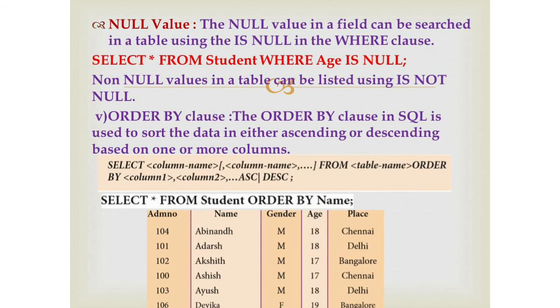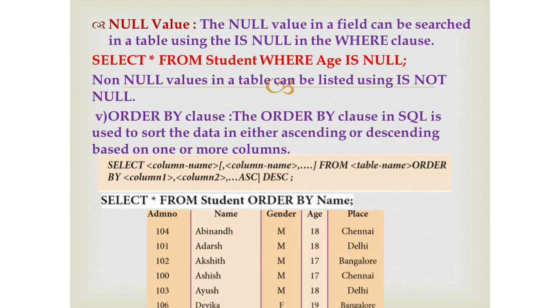Okay. We'll see about null values. A null value in a field can be searched in a table using IS NULL in the WHERE clause. If you use IS NULL in the WHERE clause, it will check whether there are any null values in the table or in the particular column field. For example, to list all the students whose age contains no value, that is empty, you can use this command: select star from student where age is null.